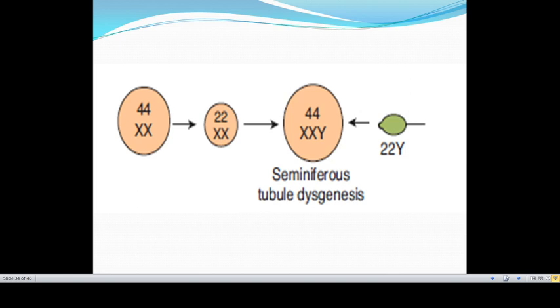This figure shows that the ovum received both X chromosomes from the mother. Therefore, the fertilized zygote has the 44XXY chromosomal pattern. This results in seminiferous tubule dysgenesis, which is also known as Klinefelter syndrome.